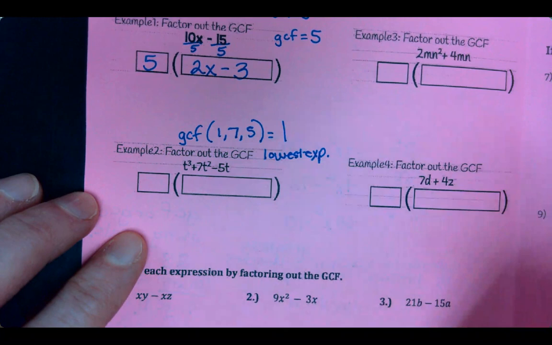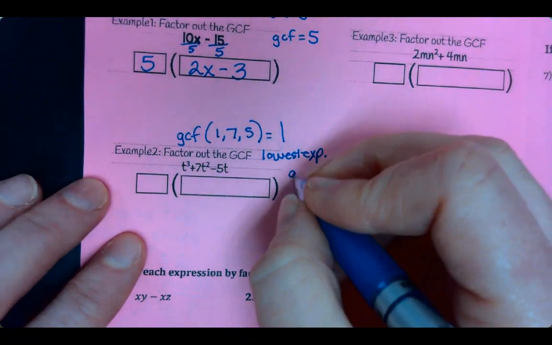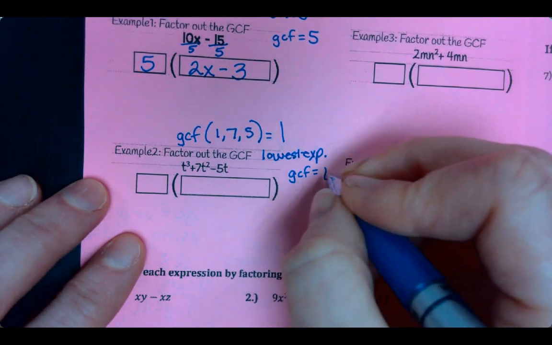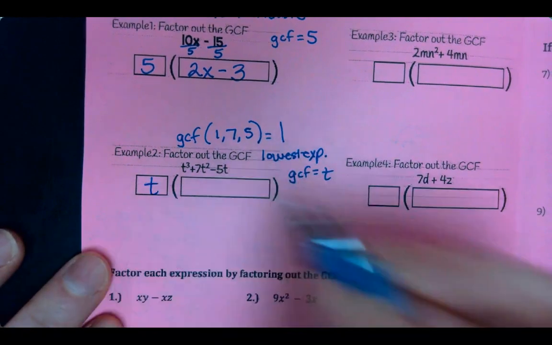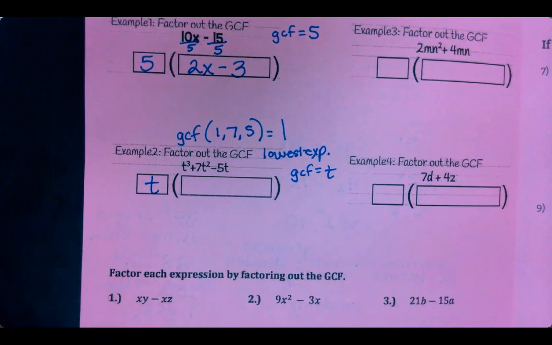So t is what they all have in common. So that means our GCF is just t. So t is the only thing that they have in common. Remember, factoring is finding what they have in common, finding the GCD. So t is going to go outside. We're going to divide everything by t.